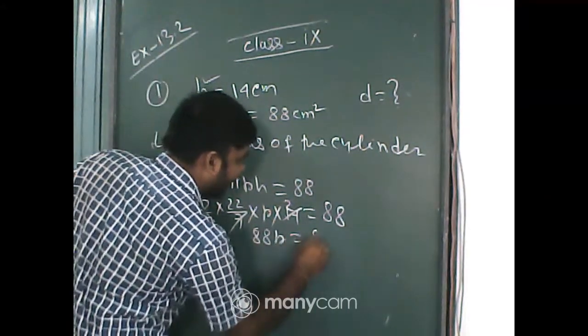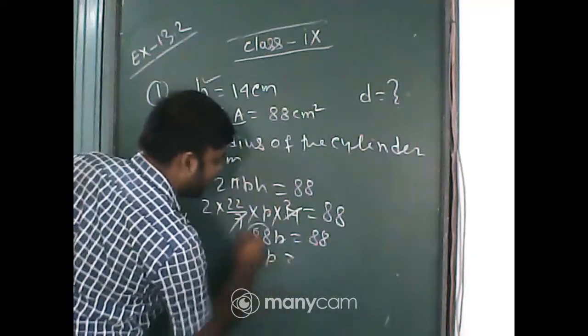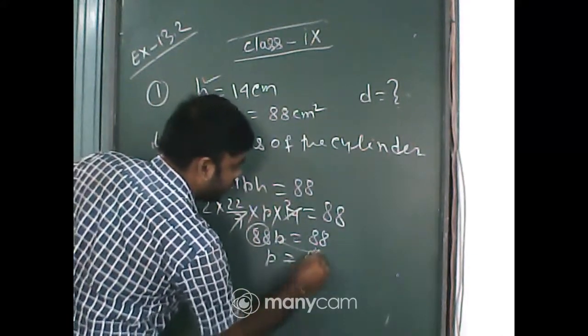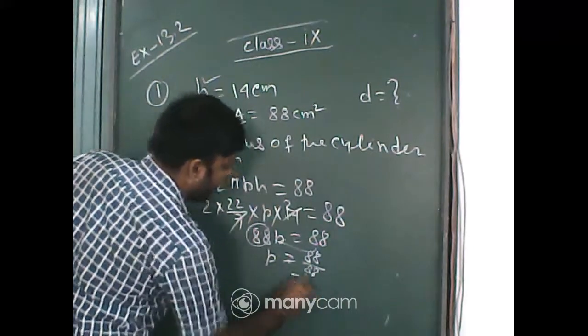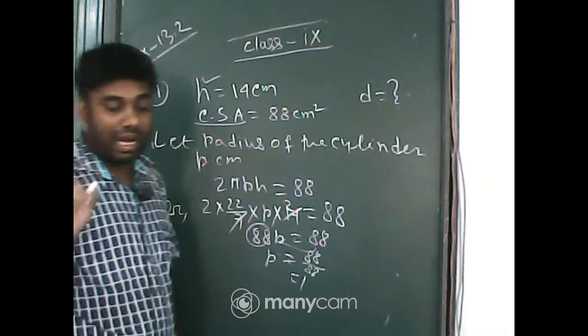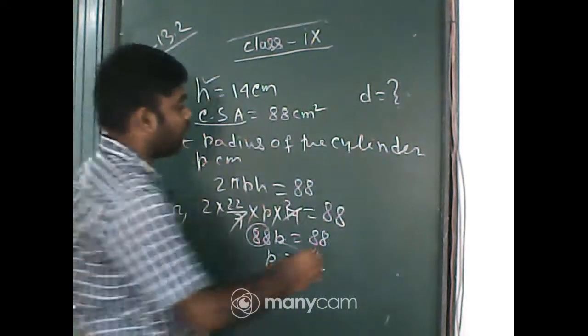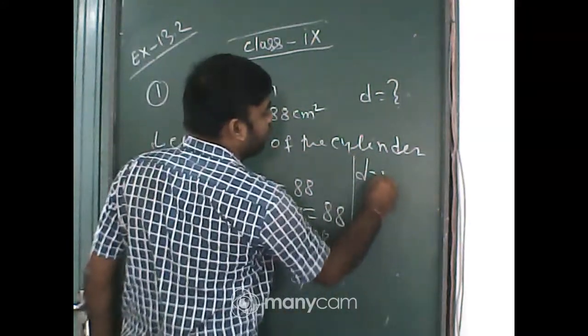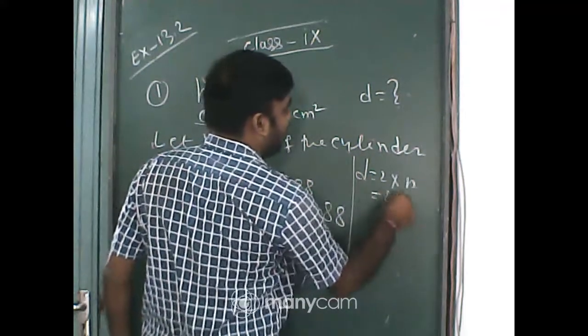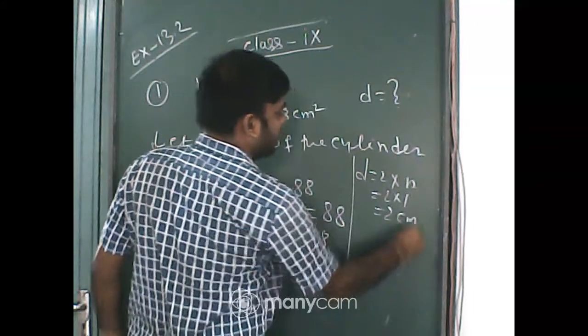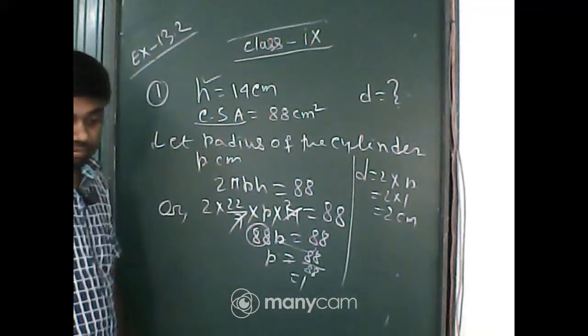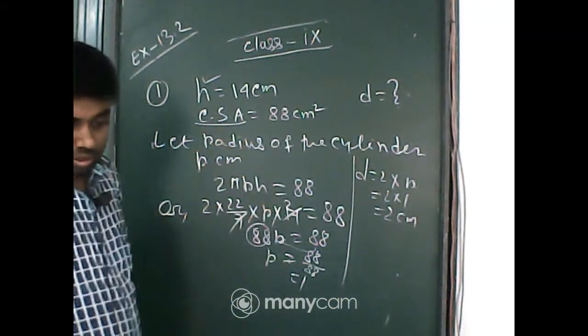So 88 r equals 88. So r equals 88 by 88, which is 1. So r is 1 centimeter. What will be the diameter? We know that diameter equals 2 into radius. So 2 into 1 equals 2 centimeter. Got it? Yes.